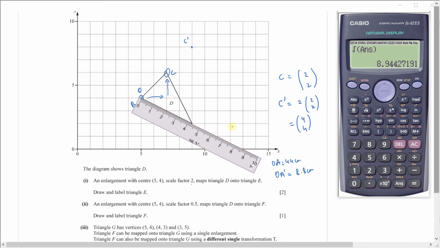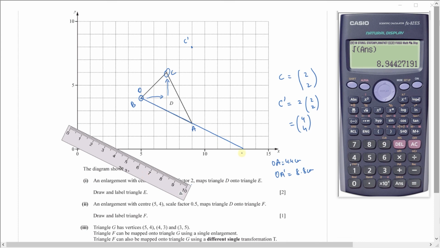So I can actually extend this line. Let me align my ruler here and then mark this point here. So this is your point A dash.